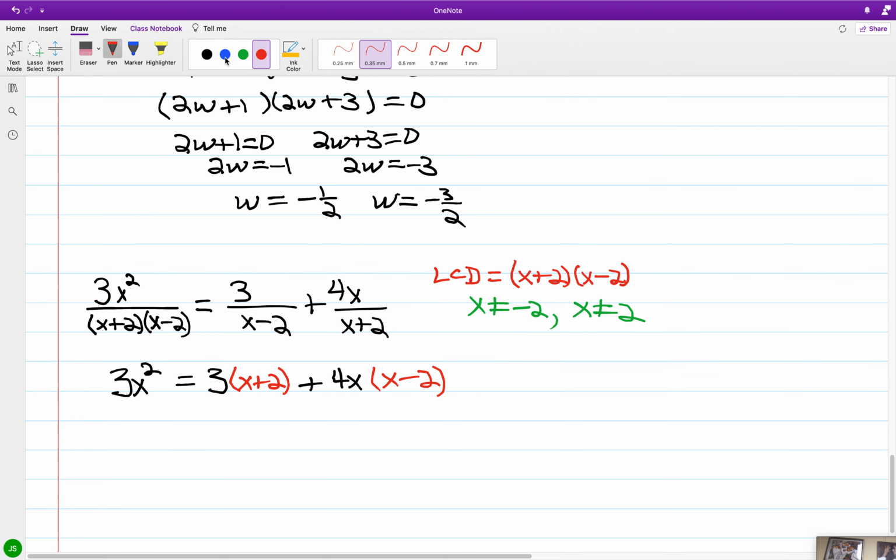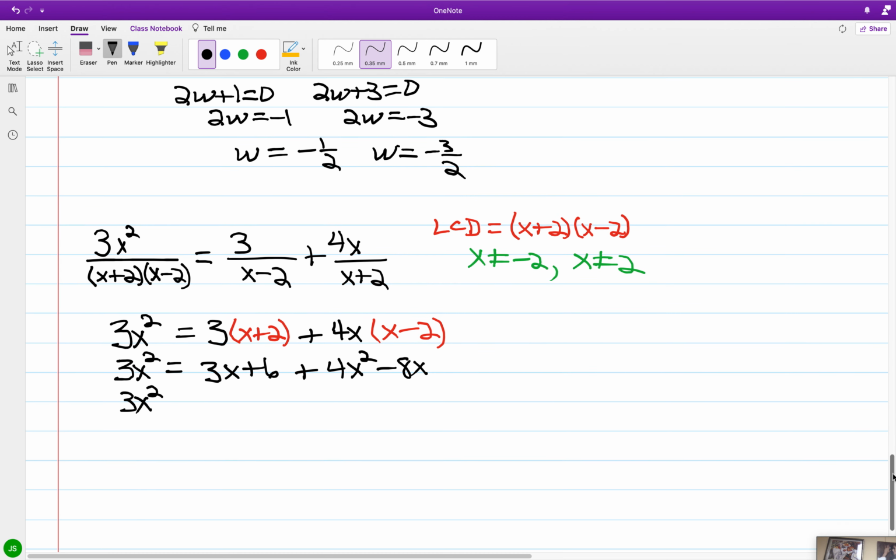And so we have here, we've got 3x squared, and we have with the distributions, so you have 3x plus 6, 4x times quantity of x minus 2, so this would be 4x squared minus 8x.